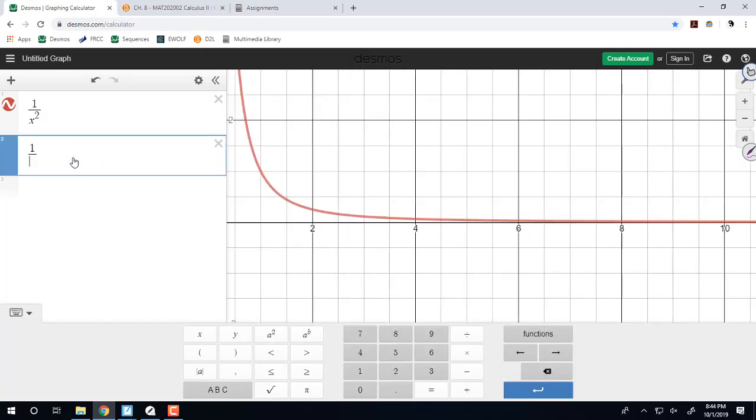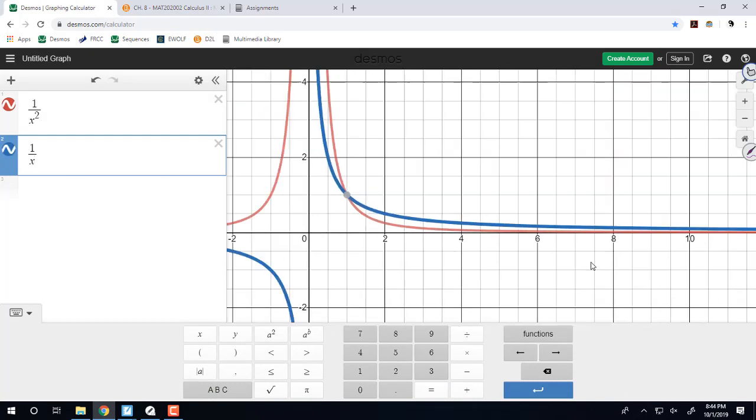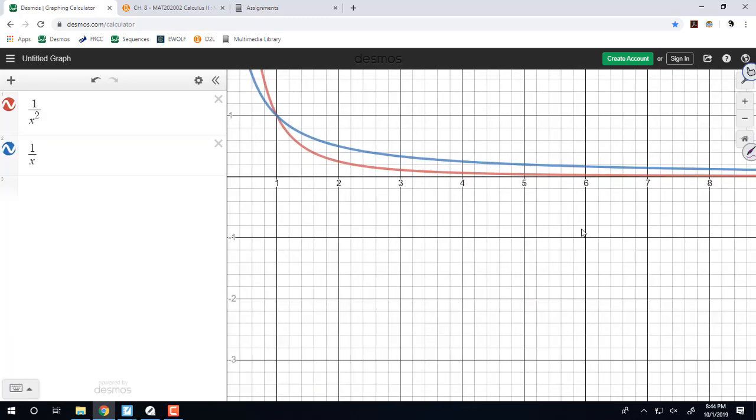That graph compared to the graph of 1 over x might give you a little bit of indication as to why the graph in blue, 1 over x, diverges out towards infinity, but 1 over x squared in red converges. So it really just has to do with the rate.